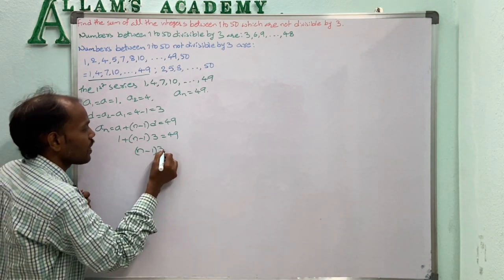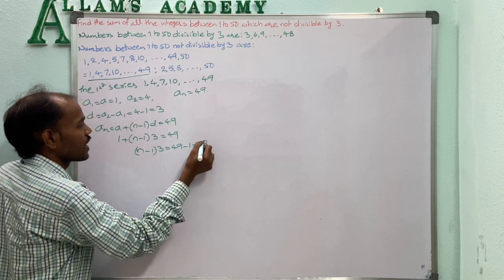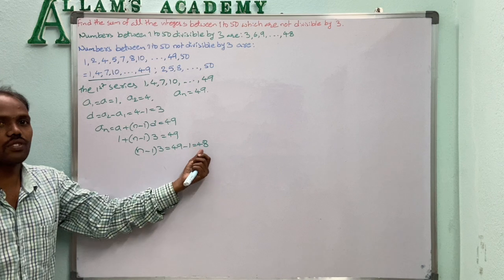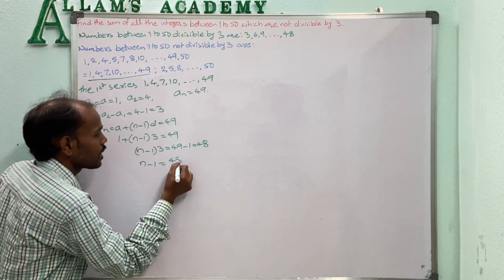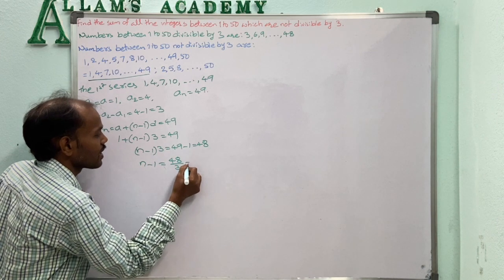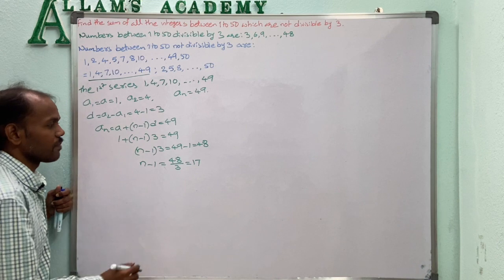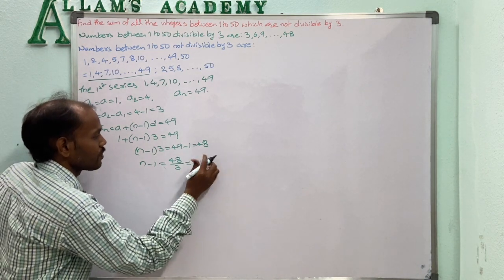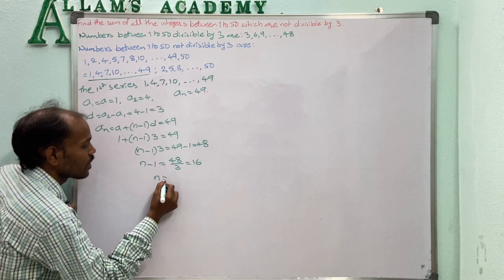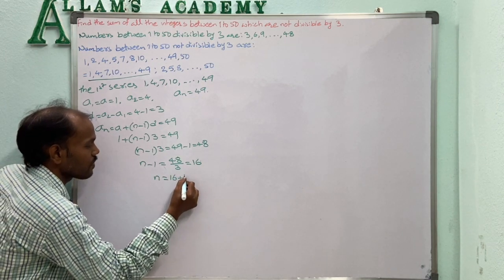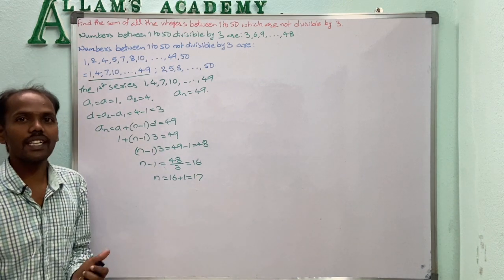So n minus 1 into 3 equal to 49 minus 1, that is 48. So n minus 1 equal to 48 by 3, that is 16. Now n equal to 16 plus 1, equal to 17. So there are 17 terms in total.